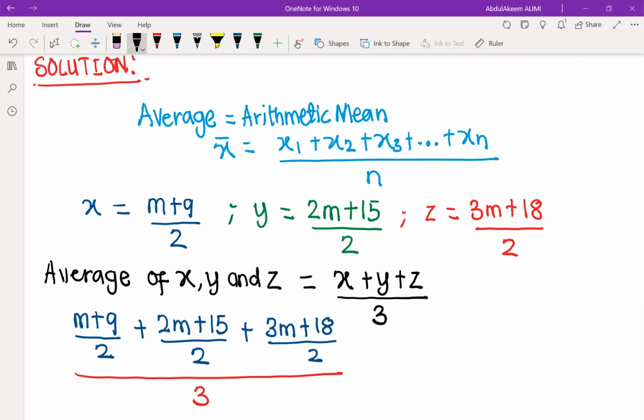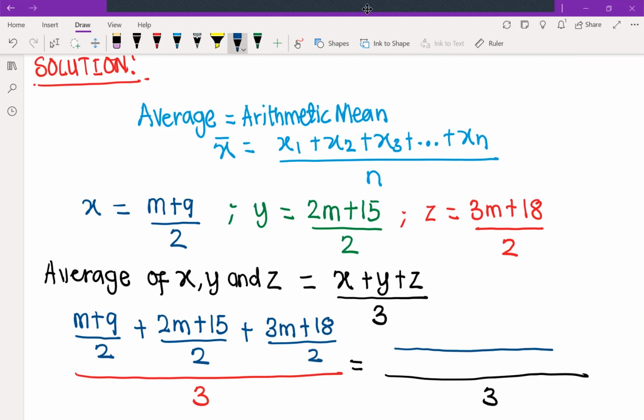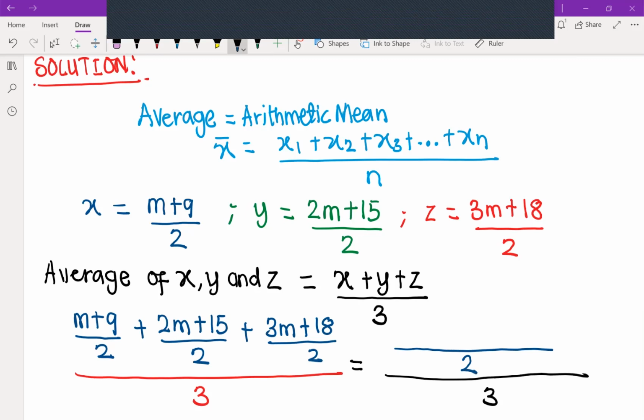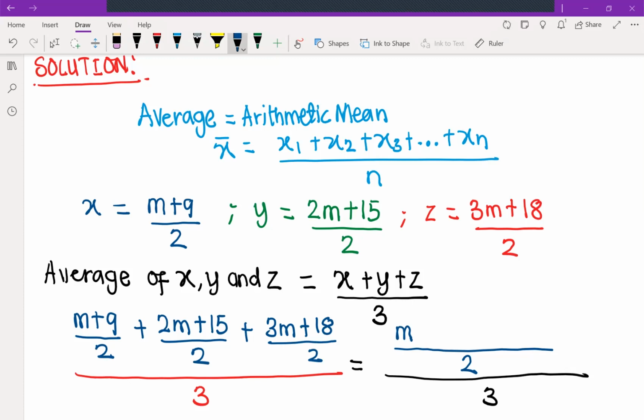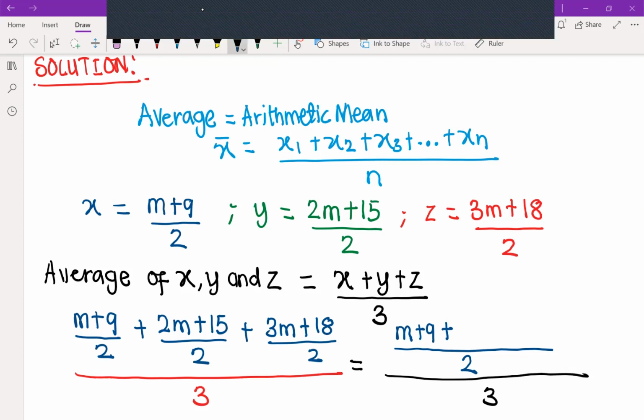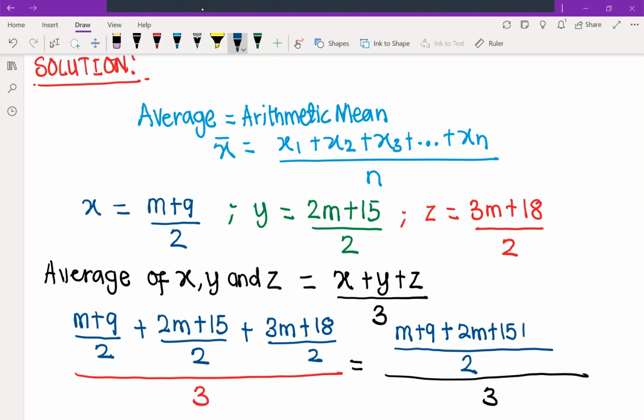We have to solve for that. We take the LCM of the denominators there. The LCM of my denominator here is 2. So 2 divided by 2 is 1, times m plus 9, that's m plus 9, plus 2 divided by 2 is 1, times 2m plus 15 will still give us 2m plus 15, plus 2 divided by 2 is 1, times 3m plus 18 will still give us 3m plus 18.